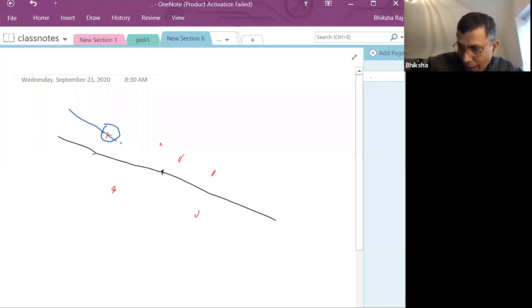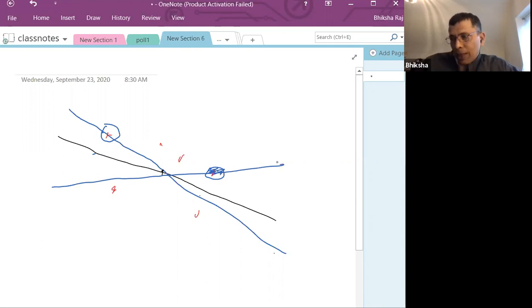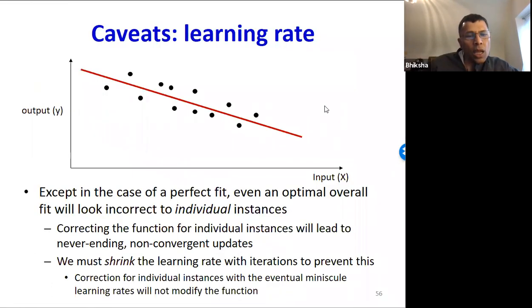I can fix the line by making it go through this point. But now this is not the line that I really want. Now at the next instant, I might just randomly pick this data point. And now this line is going to be wrong for this one. So now the adjustment is going to try to push that line through this point, right? And as you keep going through the data, you're going to have these never-ending, non-convergent updates.